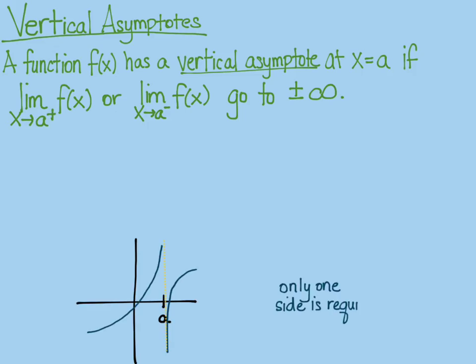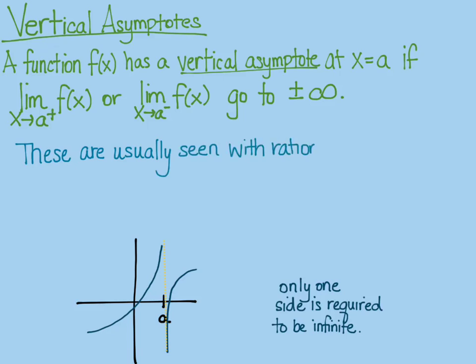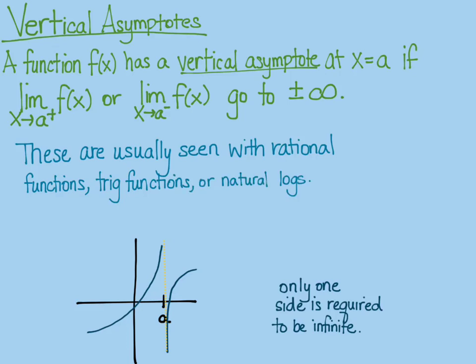And once again, in the example that we saw at the beginning, as we approached a from above, it was going to negative infinity, and from below, it was going to positive infinity. But really, only one side is required to be infinite in order to say that we have a vertical asymptote. Vertical asymptotes are usually seen with rational functions, trig functions, or natural logs.